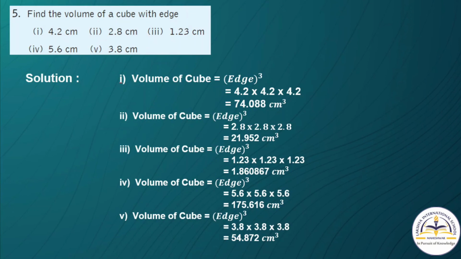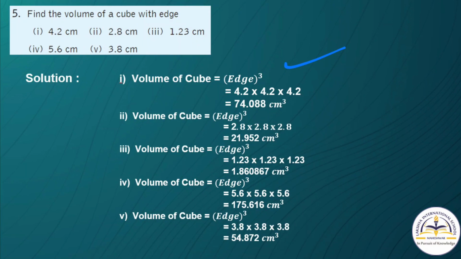Now we will solve question number 5, find the volume of a cube with the given edge. The formula for the volume of a cube is edge cube, meaning edge into edge into edge. The given edge is 4.2. So we have to find 4.2 cube, and we get 74.088 centimeter cube.